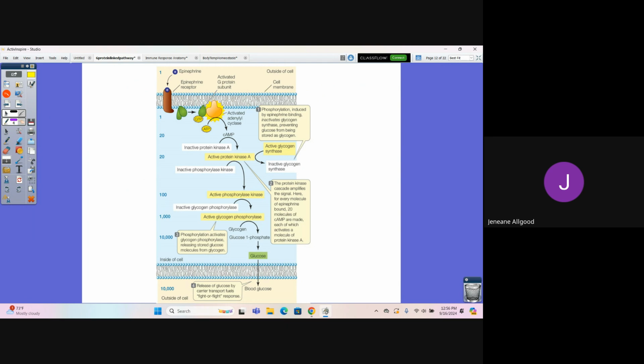So that one adenylyl cyclase enzyme, once it's activated, can convert multiple molecules of ATP to multiple molecules of cyclic AMP. Just by having one of each of these, because that enzyme is reusable, we make about 20 cyclic AMPs for every one epinephrine we start with.